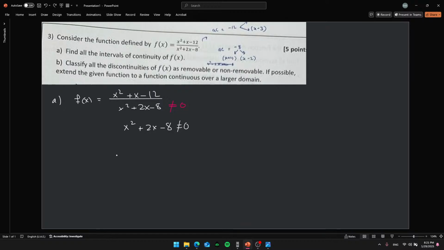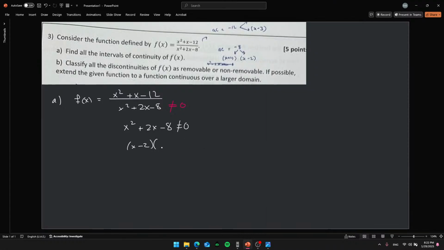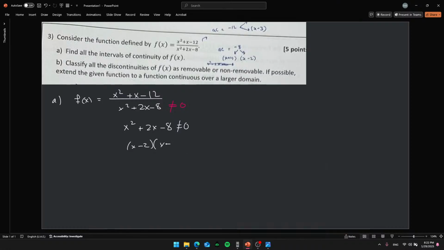Now factor this out. I'll use the calculator, write the coefficients, and you'll get x minus 2 and x plus 4 doesn't equal 0.